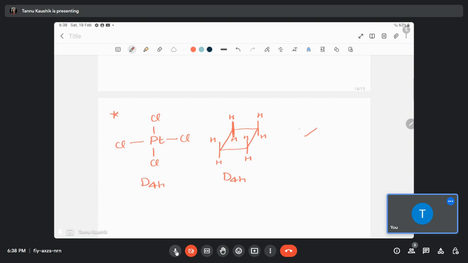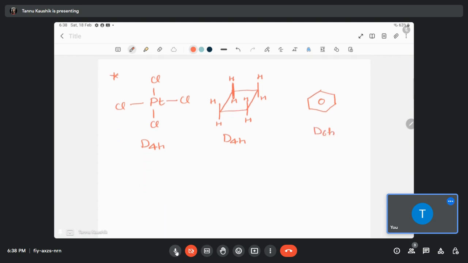Now the benzene ring, it will have D6h point group.